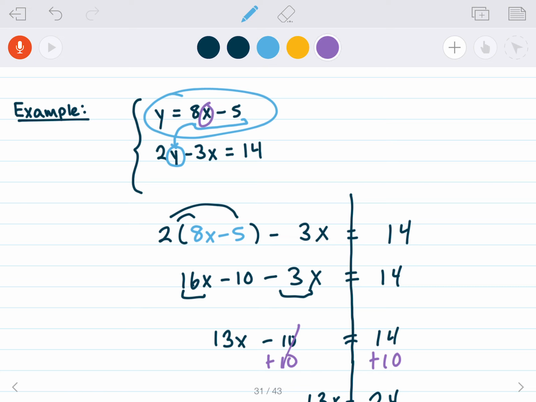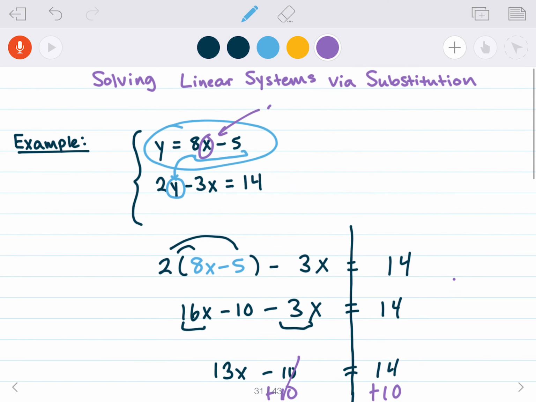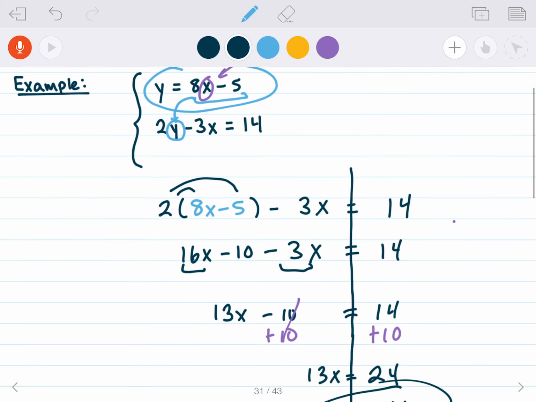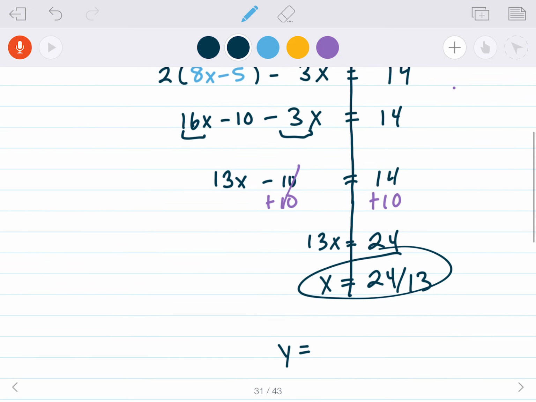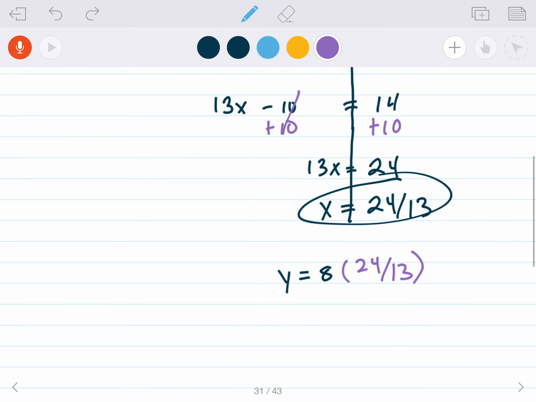So I can take my solution, which was 24 over 13, and plug it in for x. So let's do that. y is equal to 8 times x minus 5.